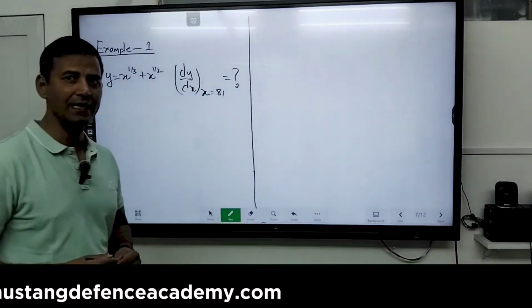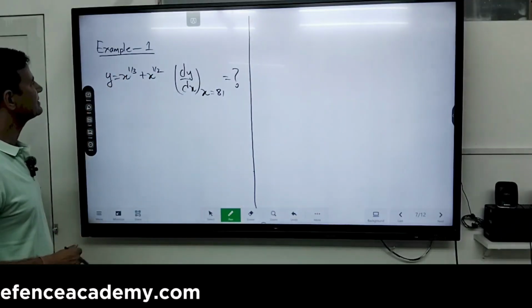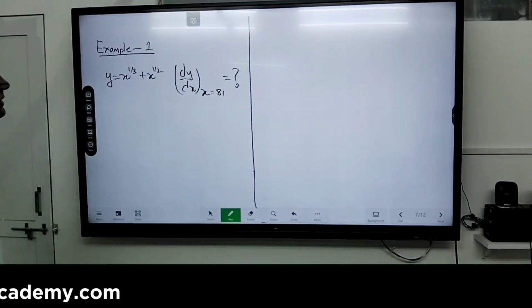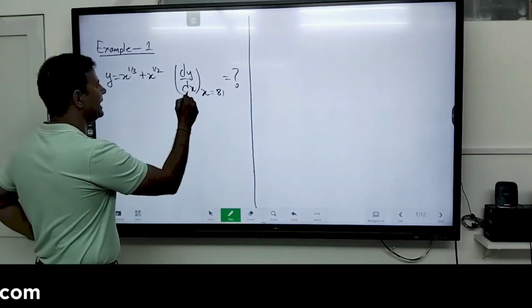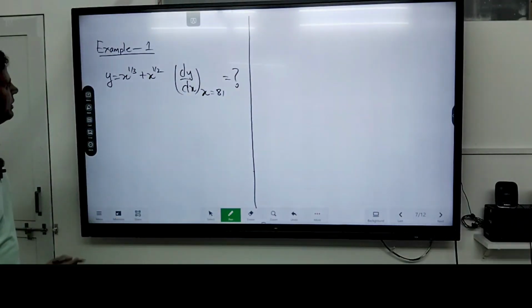Okay. Now, let us take an example. Y is equal to x raised to 1 by 3 plus x raised to 1 by 2. We have to find the derivative at x is equal to 81. So, let's do it.